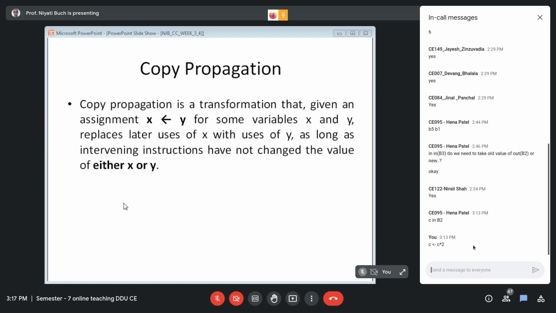So if we have made a copy of a variable, we would like to propagate it, so that the value will propagate throughout our code.